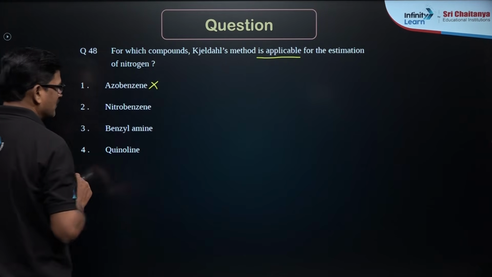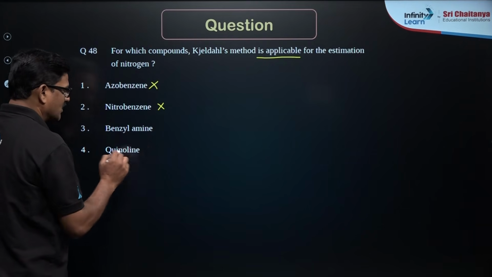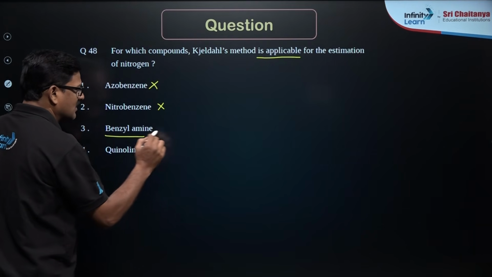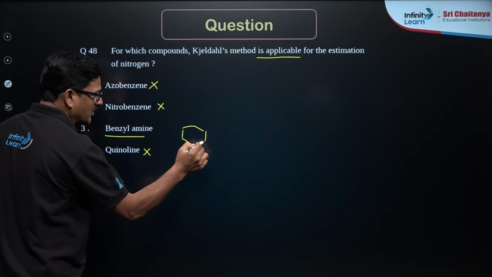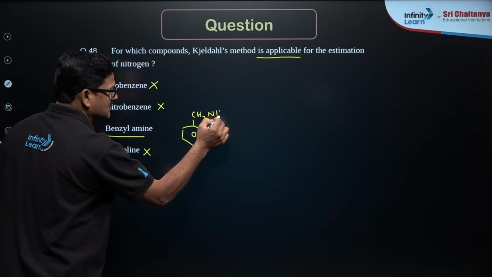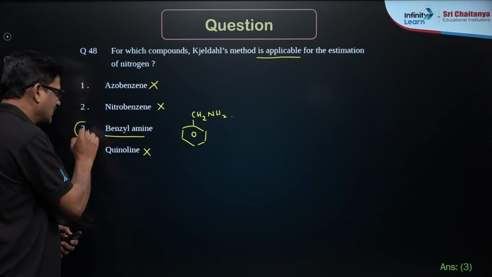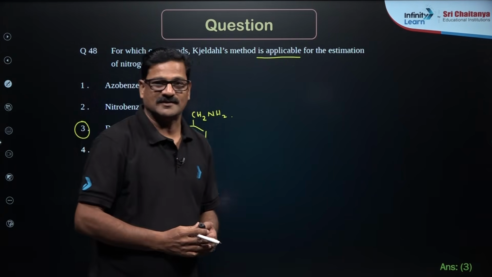Azobenzene is not applicable, nitrobenzene is not applicable, and quinoline is not applicable. In benzylamine, the amino group is freely found outside of the benzene ring and it can be applicable. I want to say option 3 is the correct answer for this question.